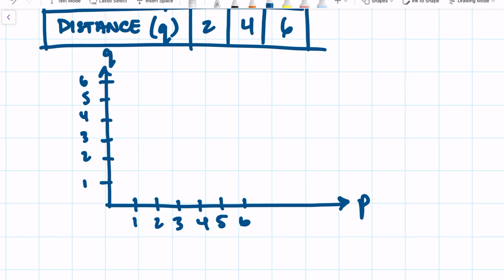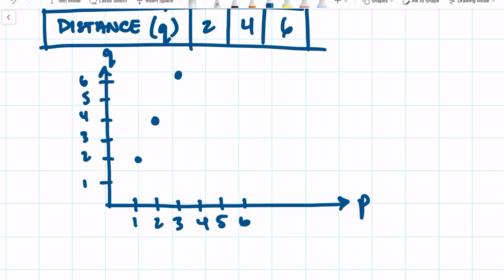Now, assuming that the lines are somewhat evened out, what you will notice is that 1 revolution is going to lead up to 2 meters, 2 is going to lead up to 4, and 3 is going to lead up to 6.